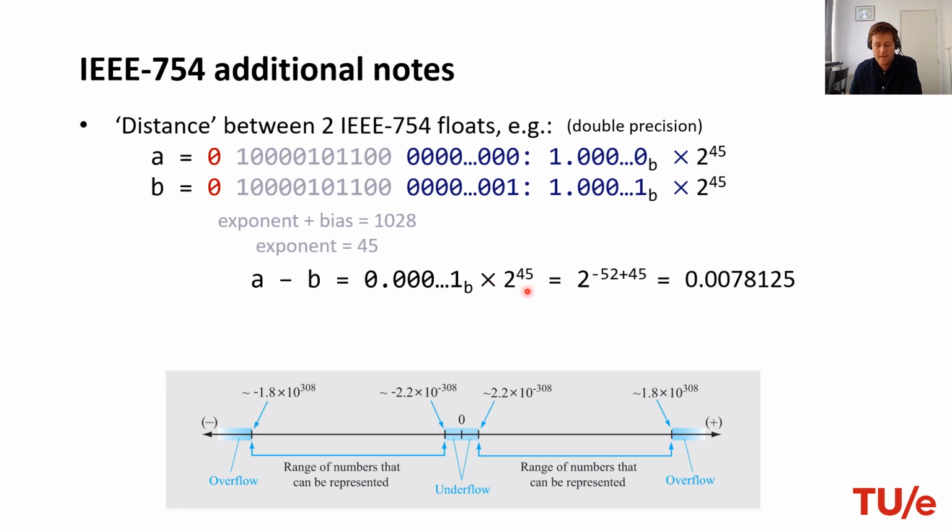So this is equal to 2 to the power of minus 52 plus 45, which is approximately 0.008. So between numbers A and B, which are very, very large, the distance between them is not negligible. In a range of 0.008, there is a gap where there are no floating point numbers available within this IEEE double precision standard. Everything within this gap would be rounded either to A or to B.